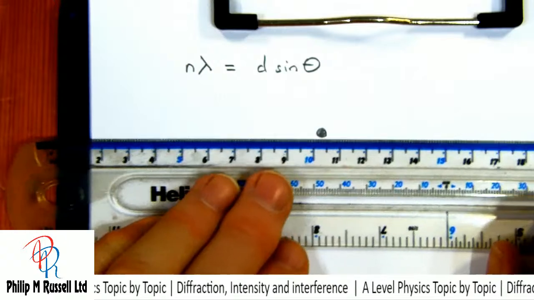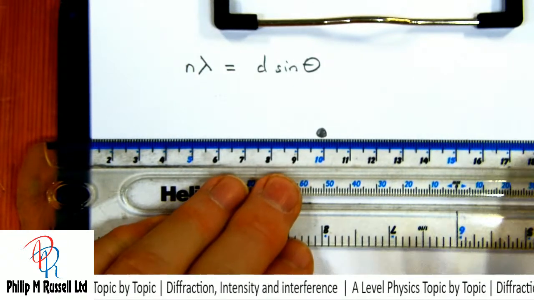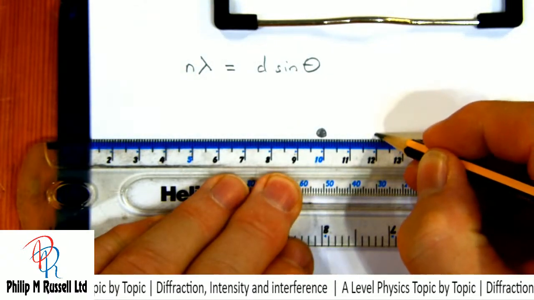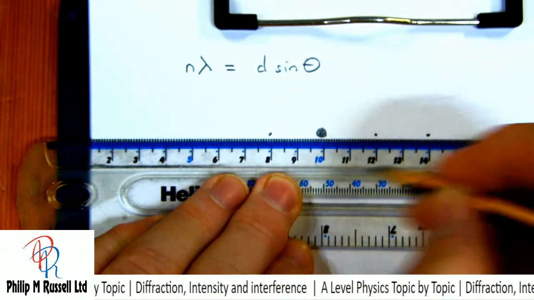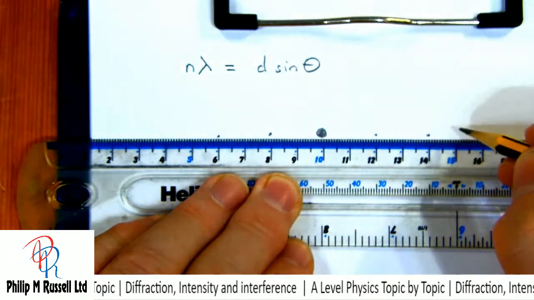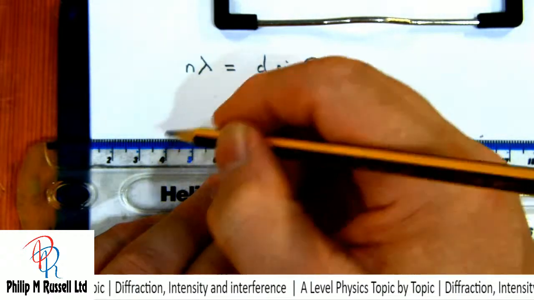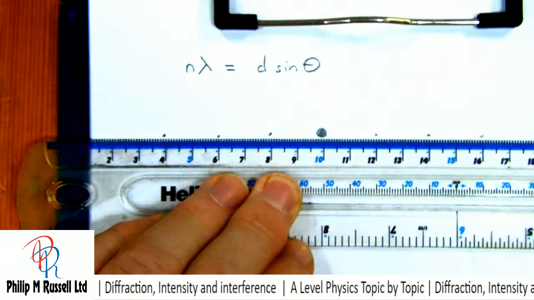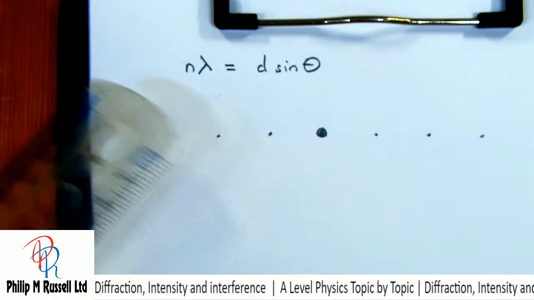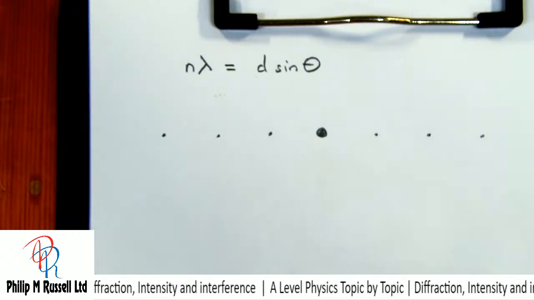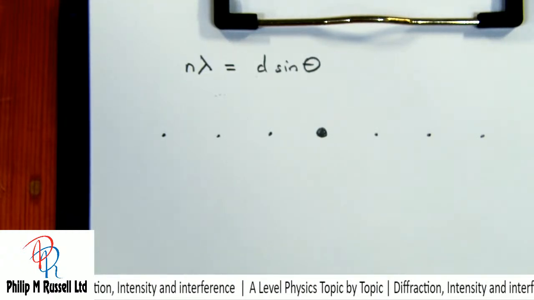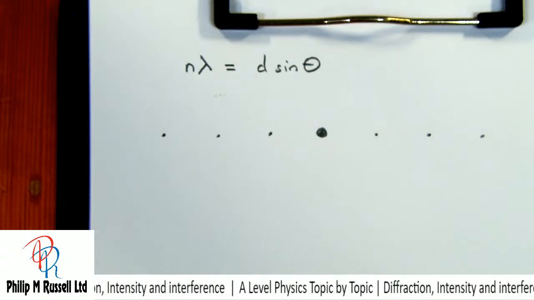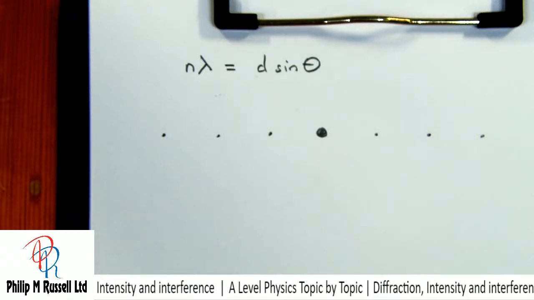So if I set this to 10, then I might get another dot here and another dot there, and probably another dot there. So this is what we're actually seeing here.